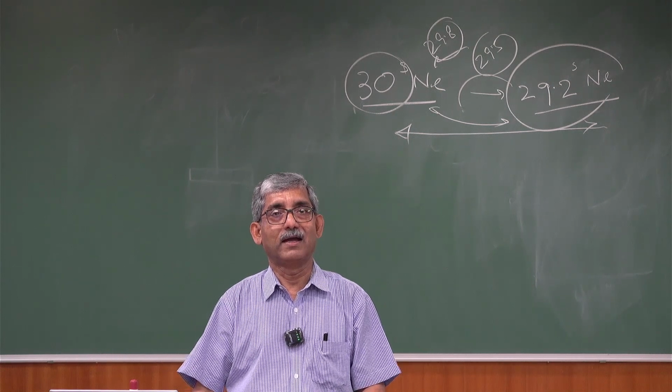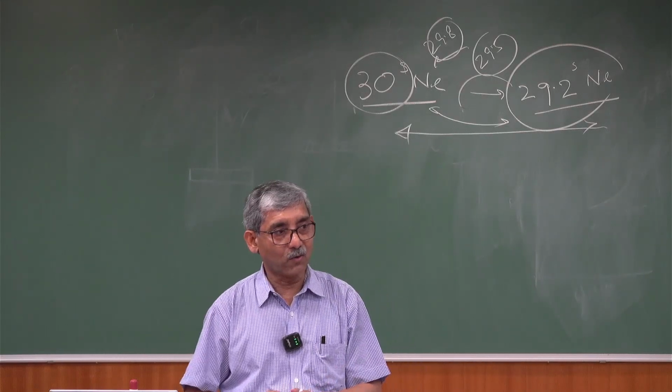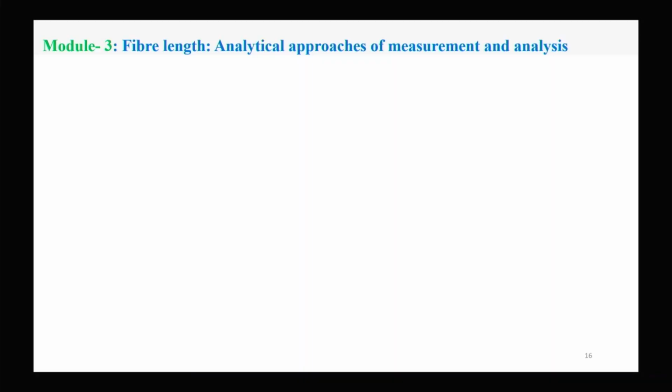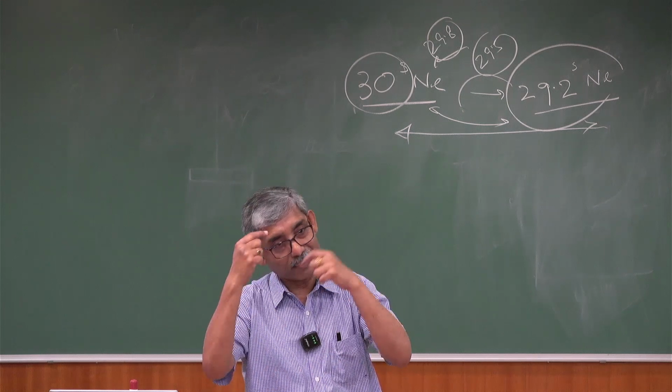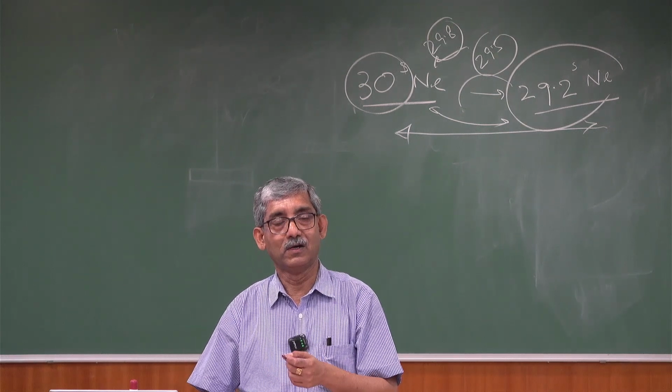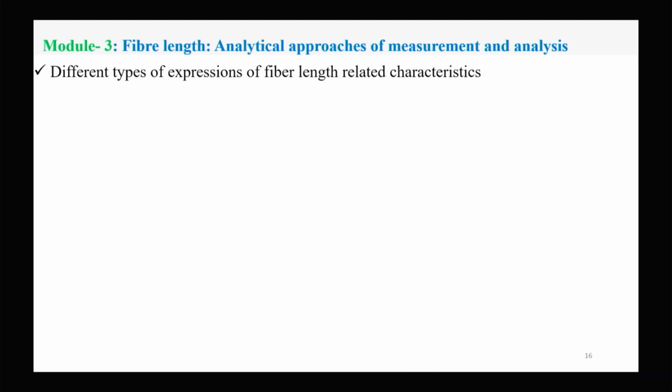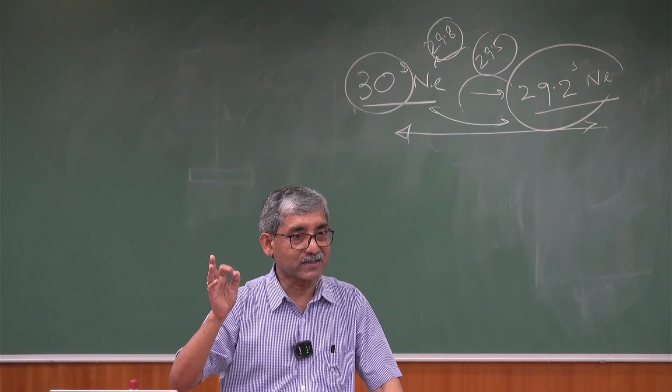Okay. And next, module 3, we'll discuss the fiber length, where we will not concentrate on fiber length measurement itself, but we will do the statistical approach of measurement, so that the data analysis is simple, where different types of parameter expressions related to fiber length characteristics, their meaning and relative importance, like span length.